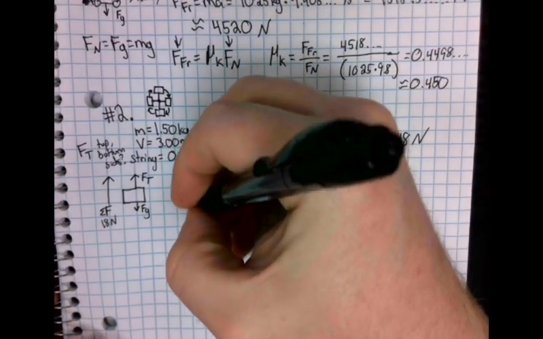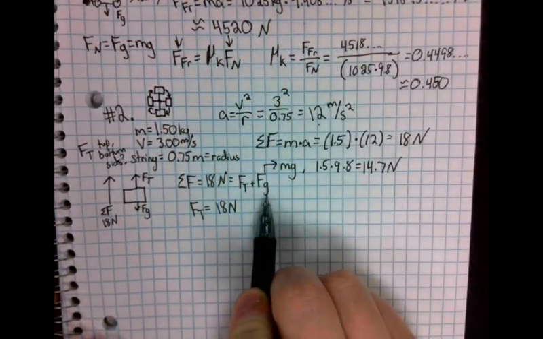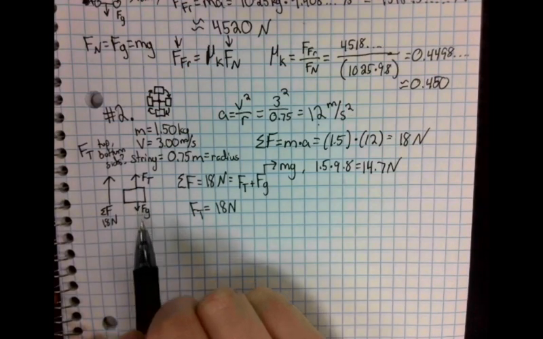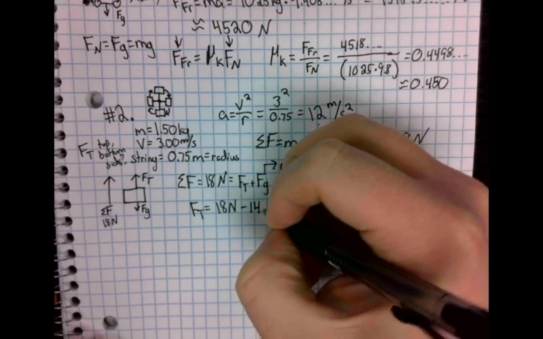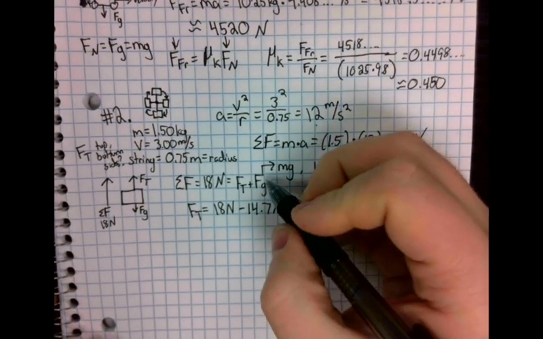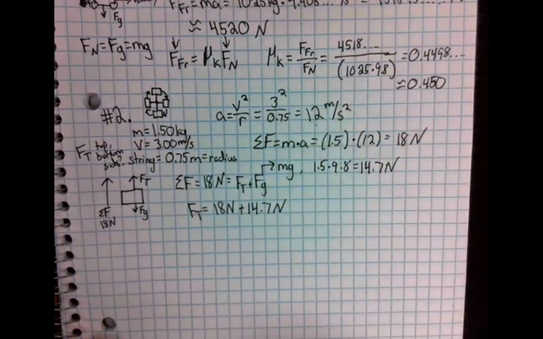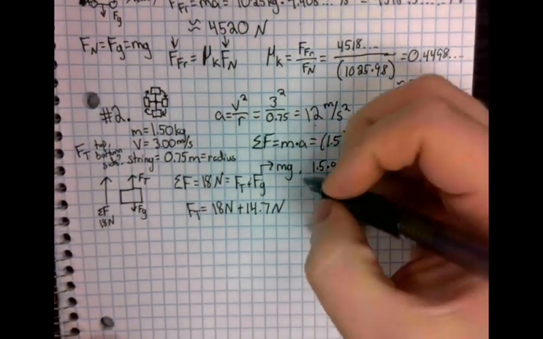So now we can rearrange this. Force of tension is equal to 18 newtons. Gravity is pointing downwards in this case, so it's going to be minus 14.7 newtons. It would have been minus over here, which means to rearrange it, we would have to do plus. Let me write that out so it's not as vague.